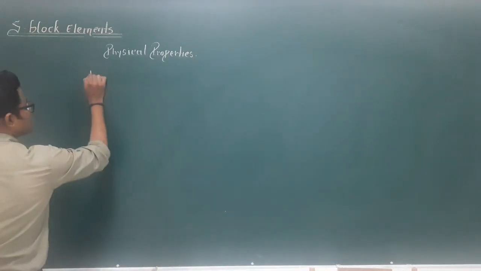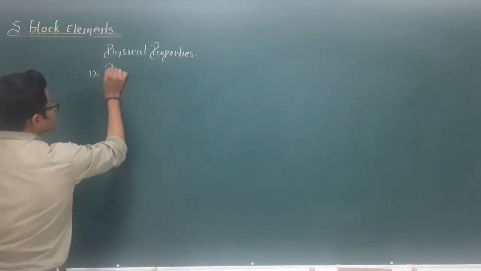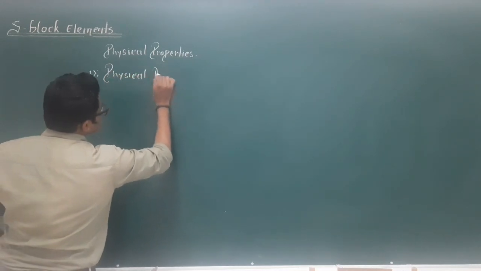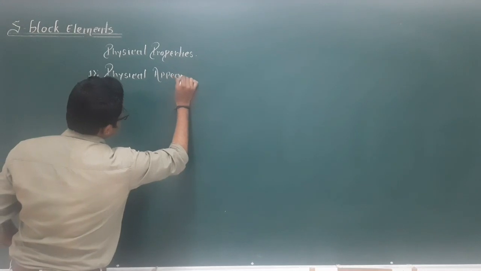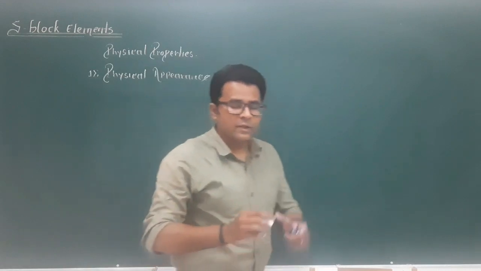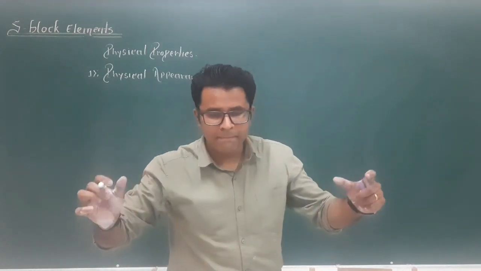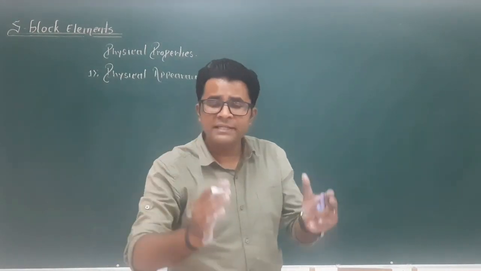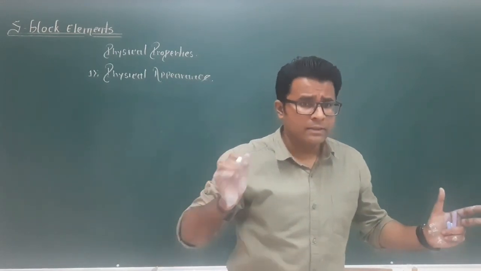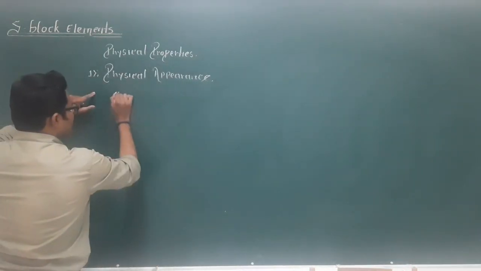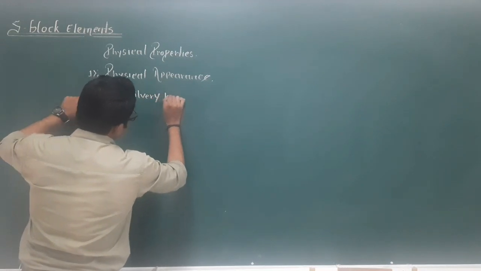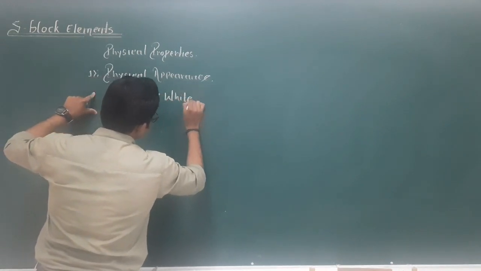In the physical appearance, we have to understand that all these alkali metals are silvery white in color.